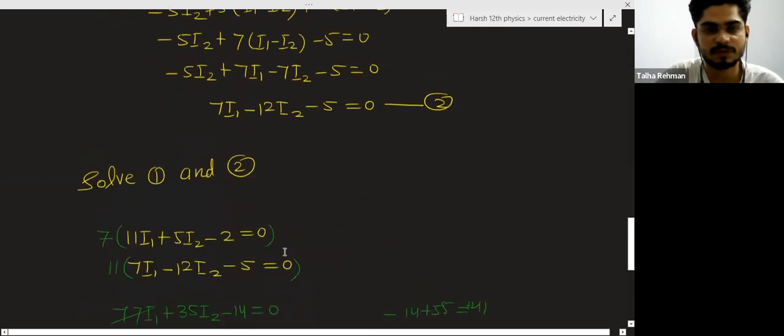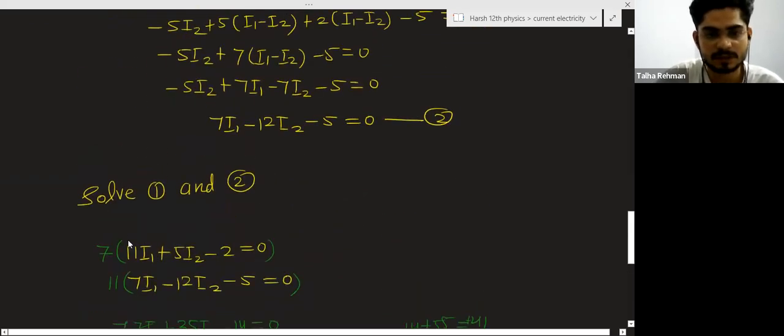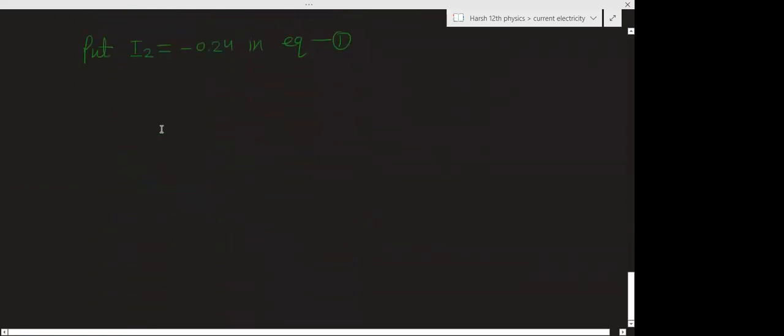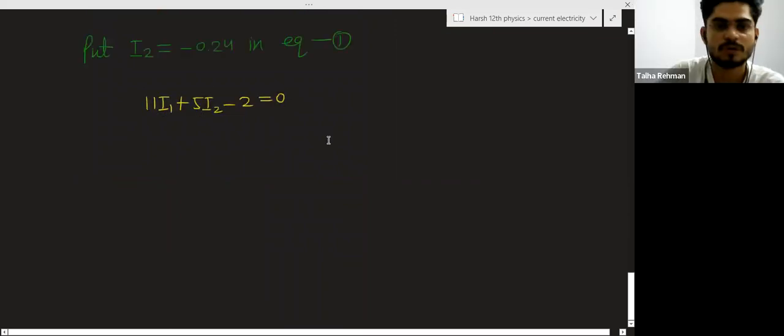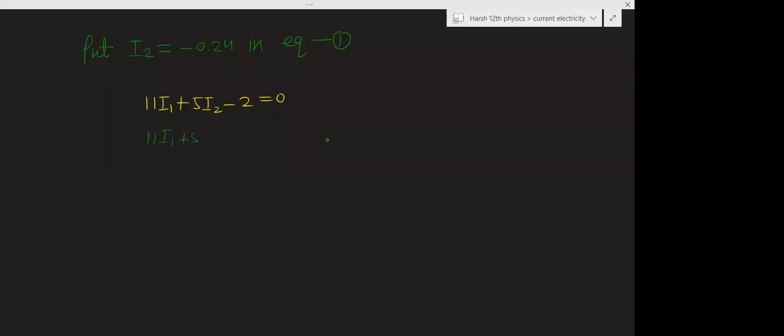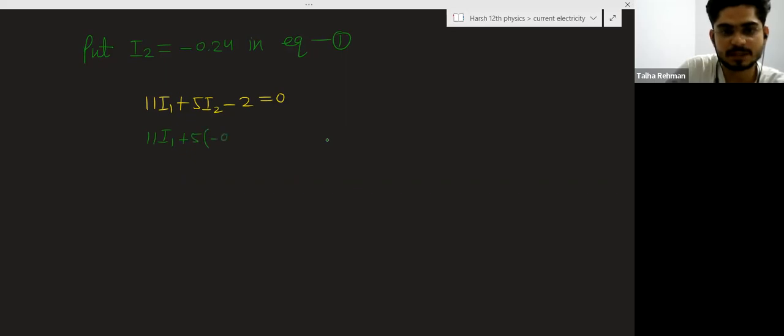So what is the equation 1 we have? 11 I1 plus 5 I2, we have minus 0.24, minus 2 equal to 0. When you solve, you will get the value of I1 as 0.29 ampere.